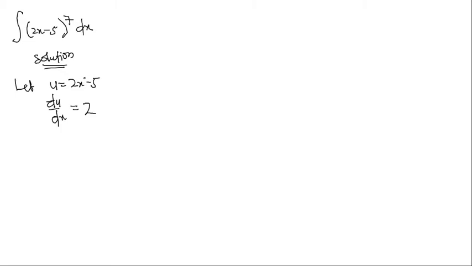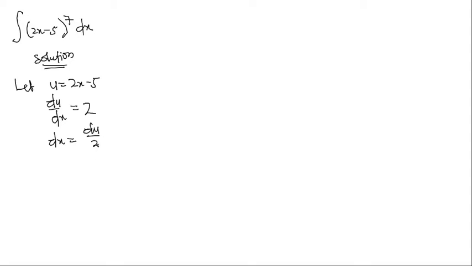Now we subtract 1 from the power, it becomes 0, so x raised to the power 0 is 1, so it's still 2. Now if we differentiate the 5, it's a constant, so we get 0. So if we differentiate the function 2x minus 5, our du dx is just 2. Alright, so let's make dx the subject. If we make dx the subject, we get du over 2 as our answer.